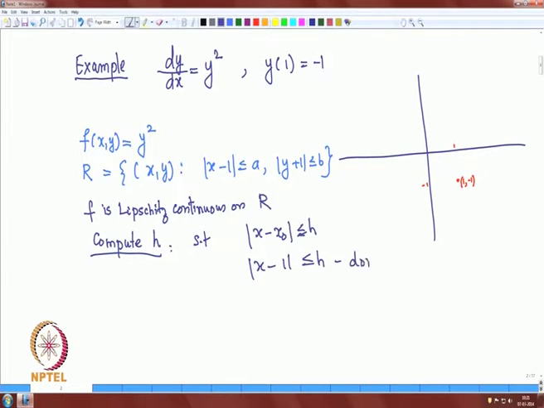So, the domain in which a solution is guaranteed by the existence and uniqueness theorem.